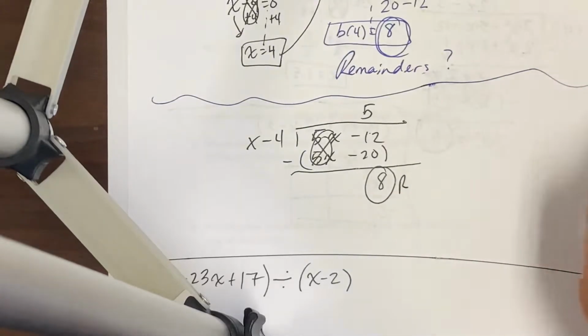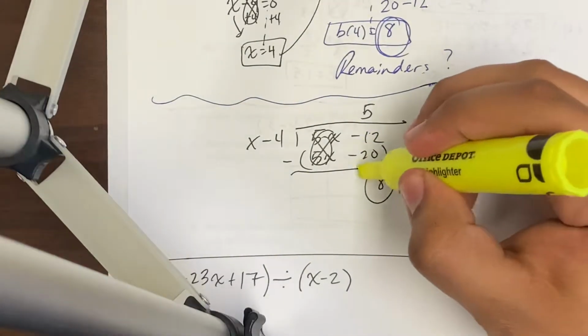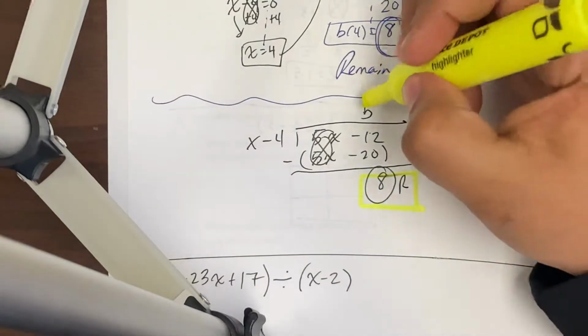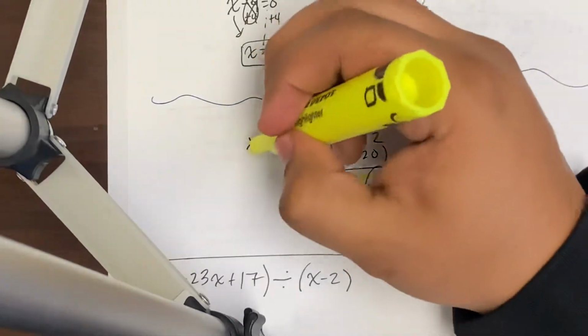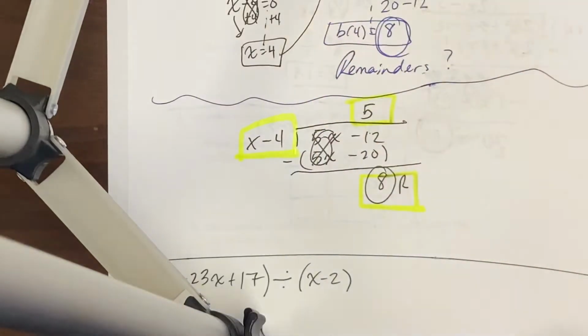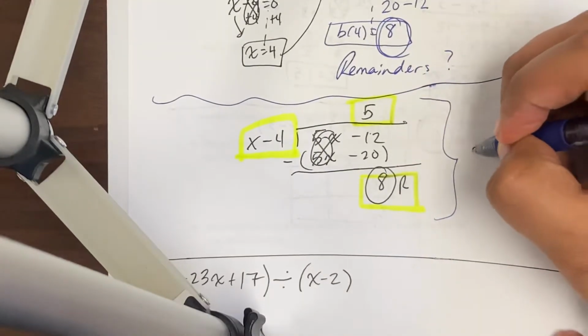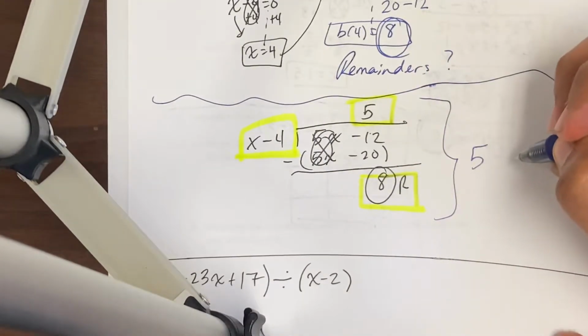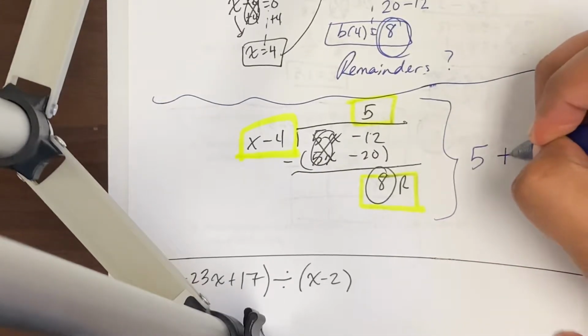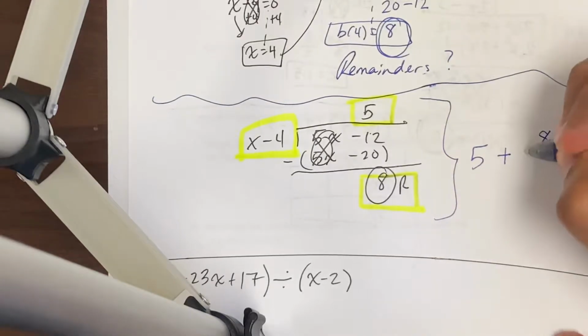Okay, that's our remainder. So, how do we write this? Very, very strange. Highlighters. So this is our remainder. Oops, smudge. This is our quotient, and this is our factor. We need to use all pieces of information. This is how it looks. So it's 5 plus, because it's positive, this is a positive 8, so plus 8 over x minus 4.